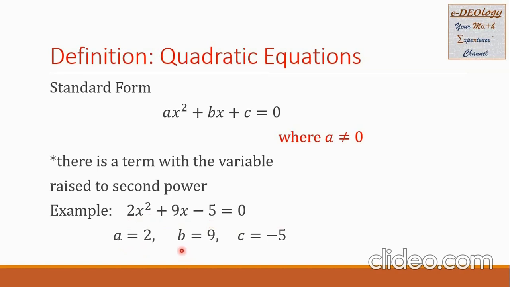The b is the coefficient of the x, so in here the b equals 9. And the c is the constant, so c is equal to -5. Do not forget the sign of the constant.